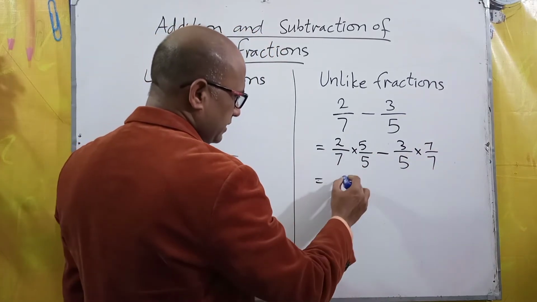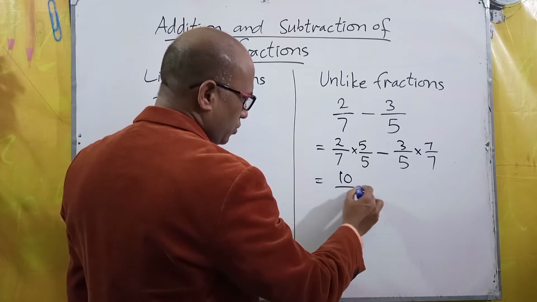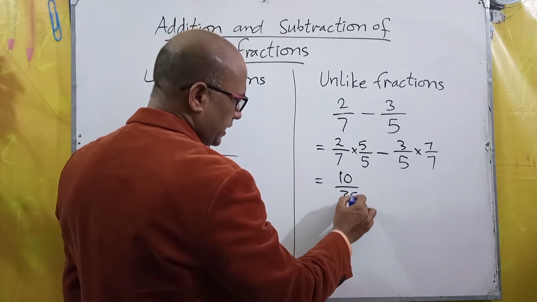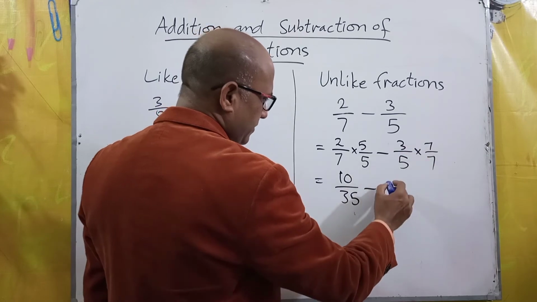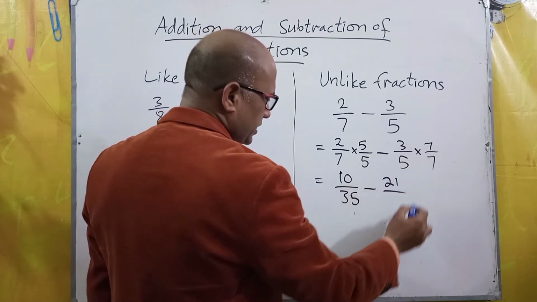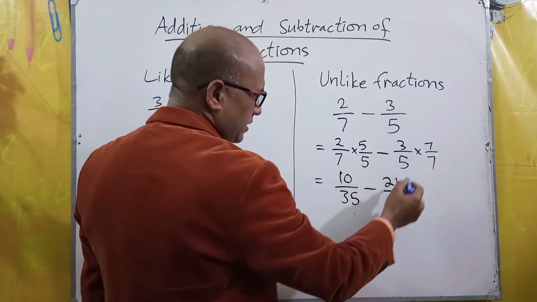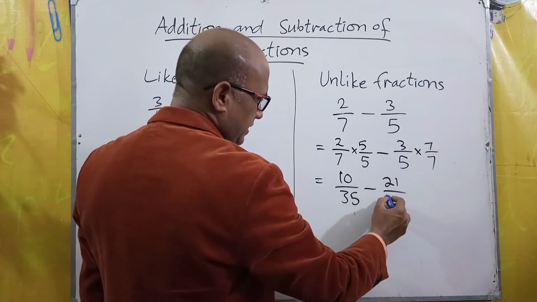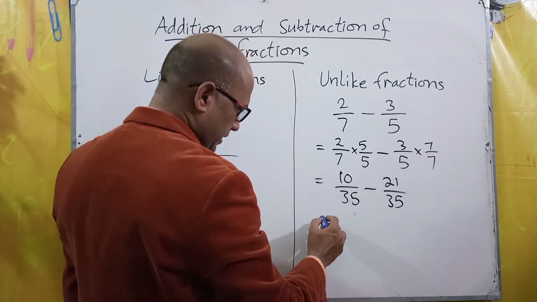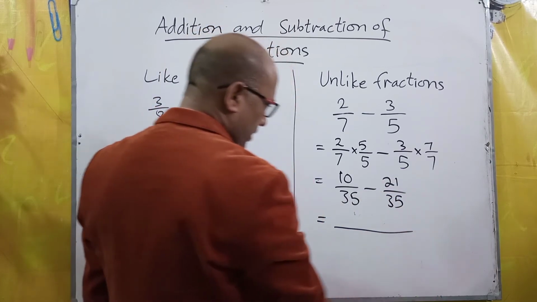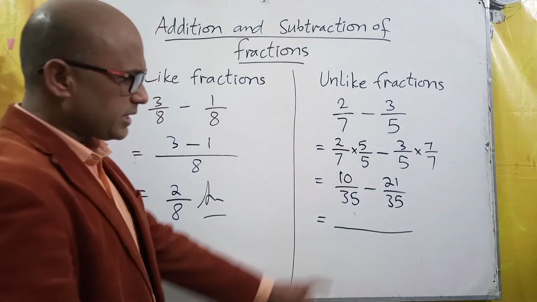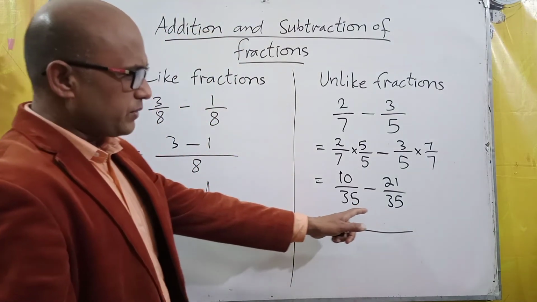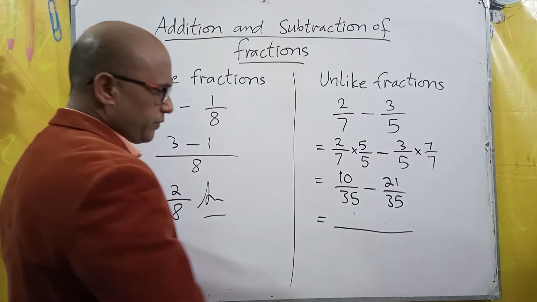So we'll get 2 5s are 10 over 7 5s are 35 minus 3 7s are 21, and 35 in the denominator. So the denominators have turned same. We have turned them into like fractions.